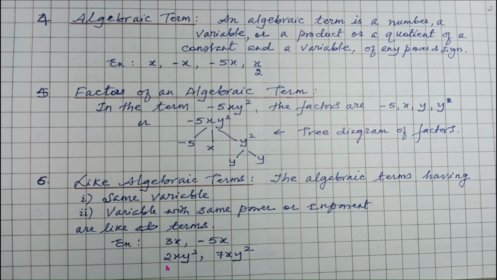Now take this example: 2xy square, 7xy square. 2 and 7 are numerical coefficients, leave them. x is a variable with power 1. y square is another variable with power 2. Therefore, 2xy square and 7xy square are what we call like algebraic terms. Therefore, remember, the algebraic terms having the same variable and same power or exponent of the variables are called like algebraic terms.